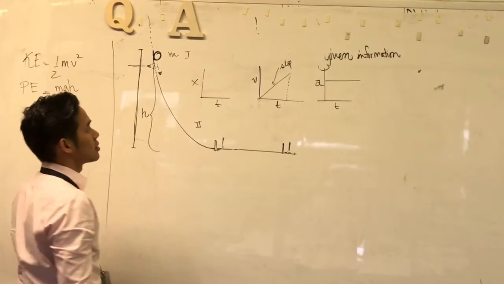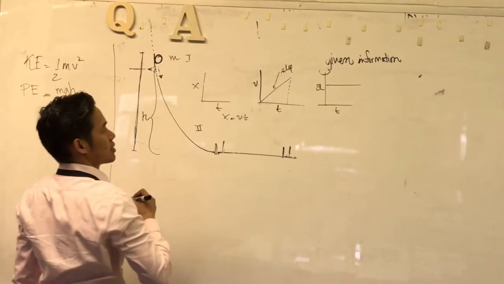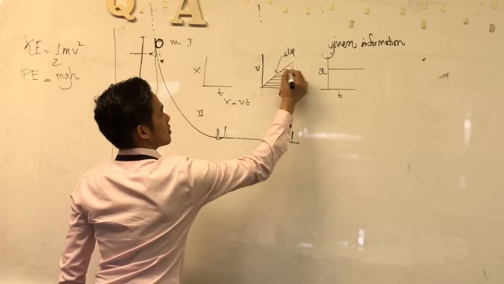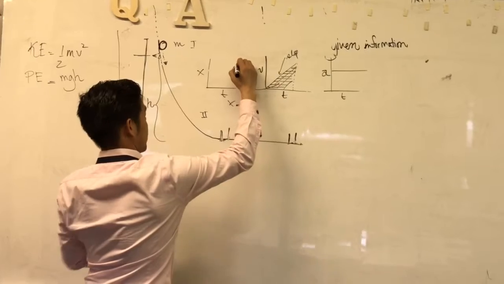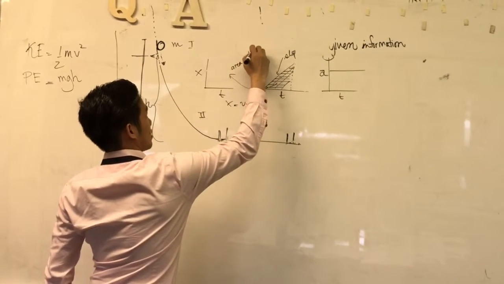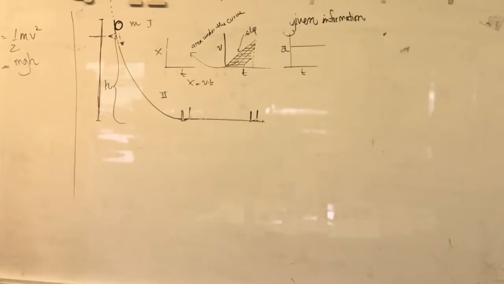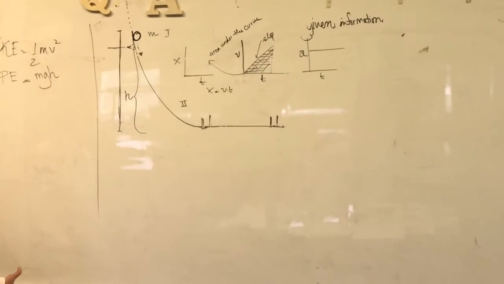This is equal to velocity times time, right? So it will be the area inside the curve. Area under the curve gives you that. So that's how you go from one to the other.